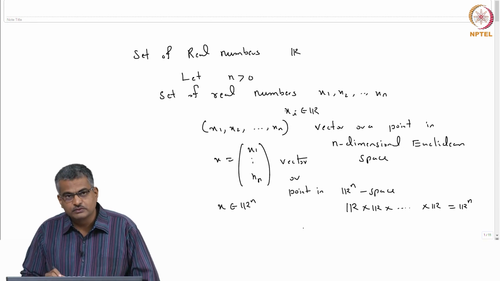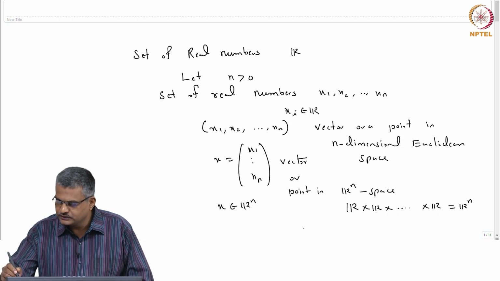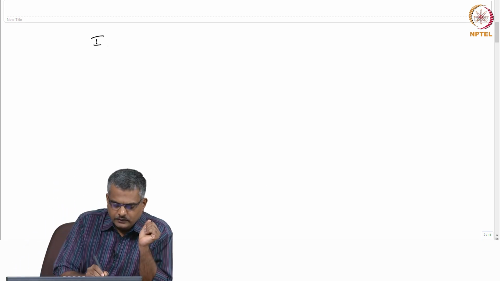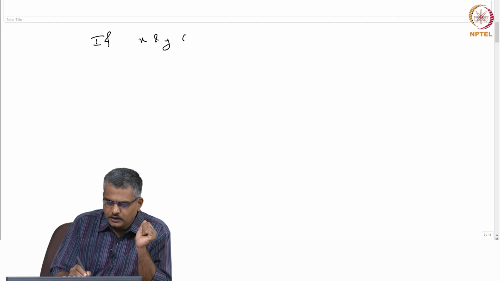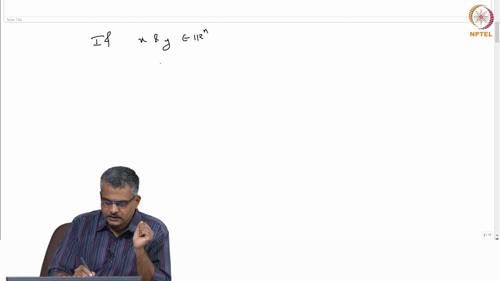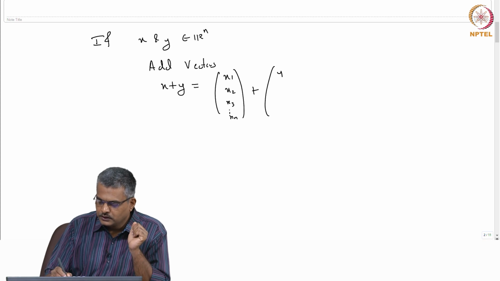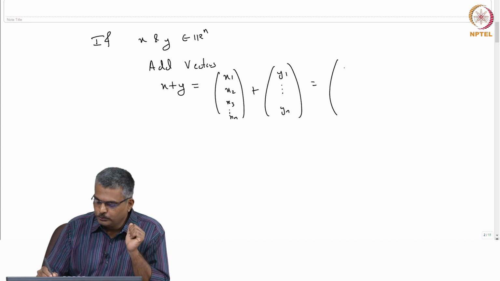Now once we have this vector, we can do some operations on it. If x and y are vectors in Rn, then we can add these vectors, and how do you do that? This is what we want on the left hand side, and the way you get it is you write down the components correspondingly for the y's, and then you add them component wise.